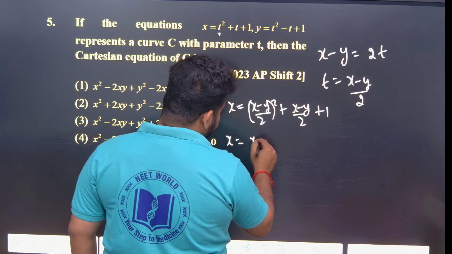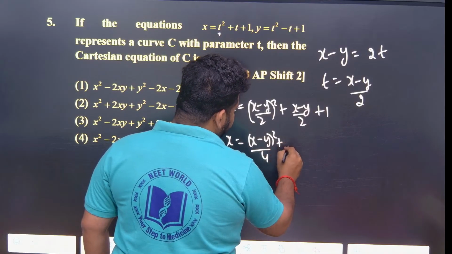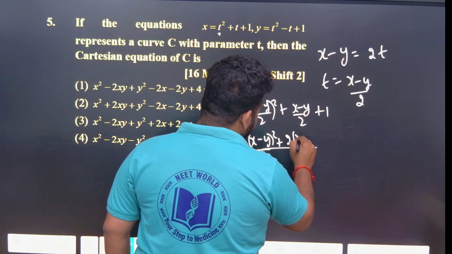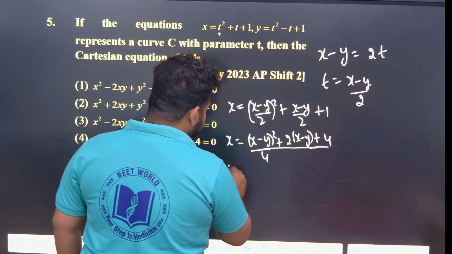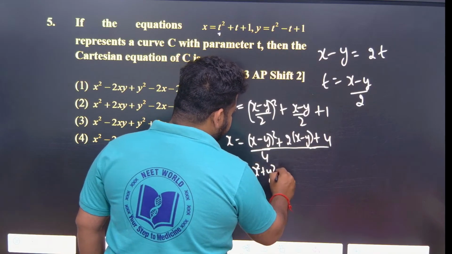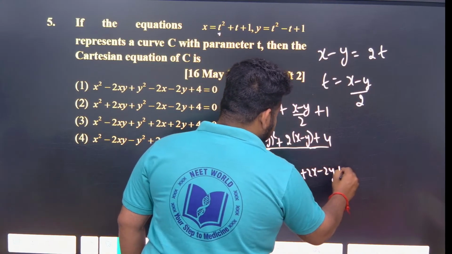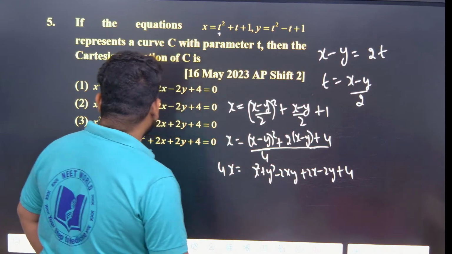What will this be? x minus y whole square by 4, plus 2 times x minus y plus 4. This will be 4x is equal to x square plus y square minus 2xy plus 2x minus 2y plus 4.